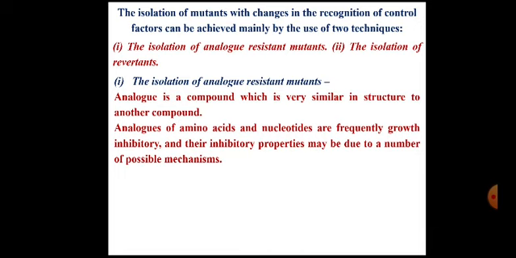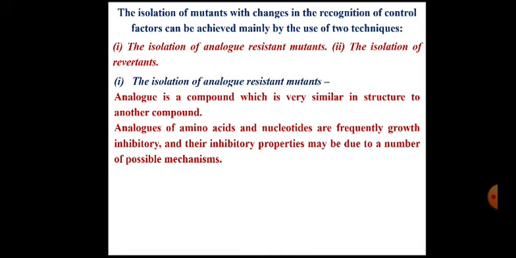That means the organisms will die in presence of these analogs. So that is the difference. Analogs are structurally similar compounds to the naturally occurring microbial metabolites, but at the same time you need to remember that analogs are toxic for the microorganisms.